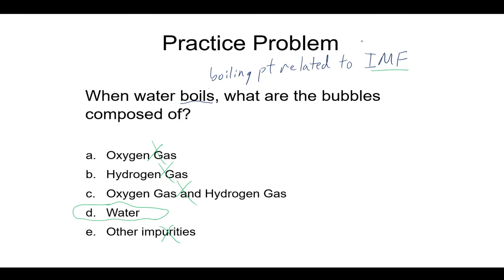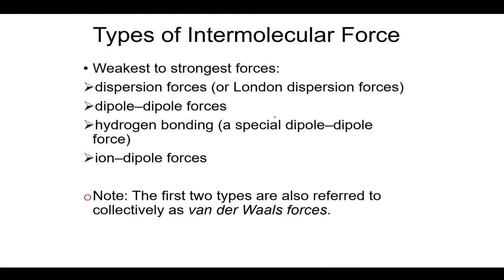And so it's these kinds of processes that we're going to concentrate on in this and the next couple of lectures, because those are related to intermolecular forces. Again, things like boiling point, surface tension, viscosity, capillary action, melting points, etc. And for water, this happens at 100 degrees Celsius, but water actually has fairly strong intermolecular forces.